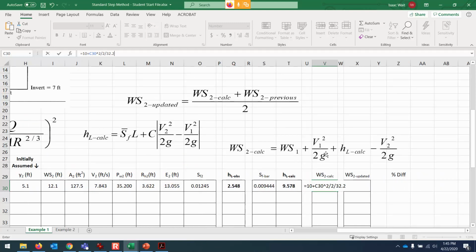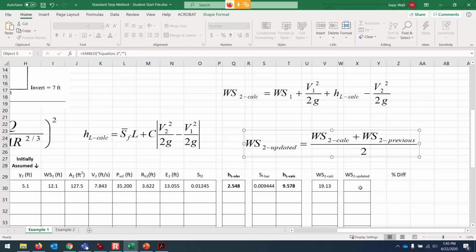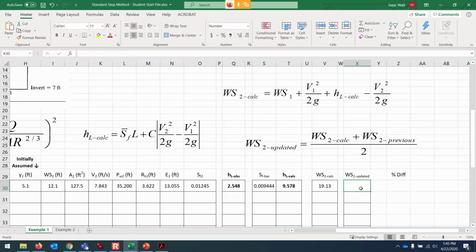So that gives us the velocity head at 1 plus the calculated head loss, which we just had here, minus the velocity head at 2. So minus v2 squared divided by 2 divided by 32.2. Okay, so that gives us a calculated water surface at 2, and now the updated will be the average of the previous one and what the water surface calculated is here.